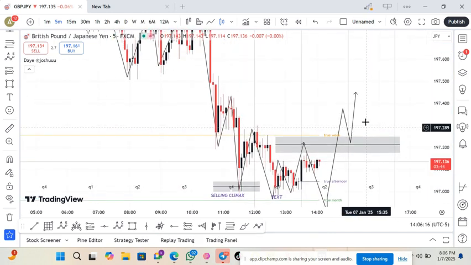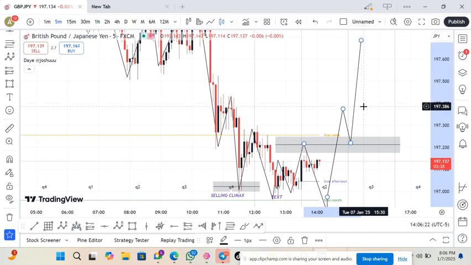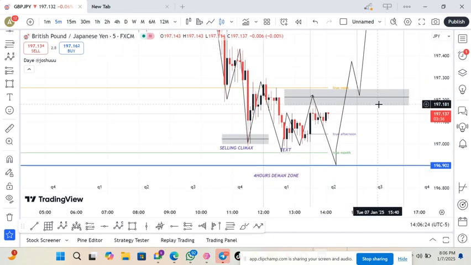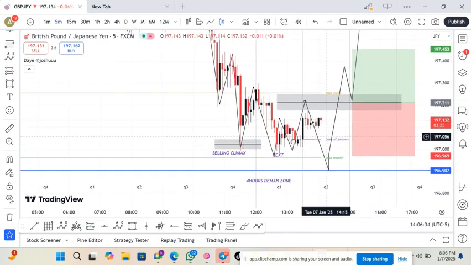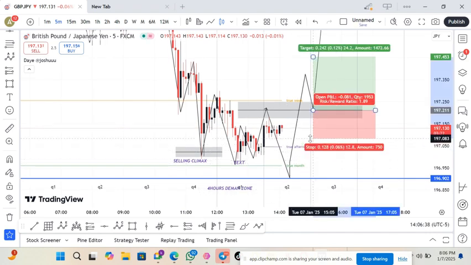So we're using price action, market structure theory, and opening price theory to make sure that yes, we are on the right path. It is very simple if you pay attention and you practice this.